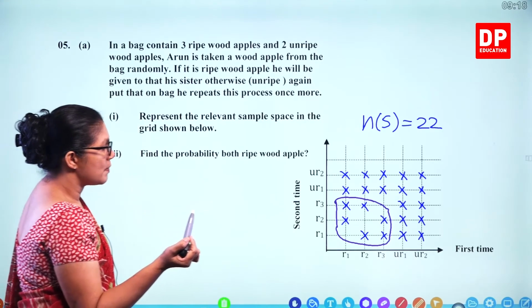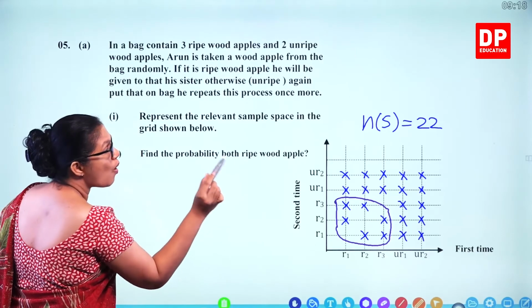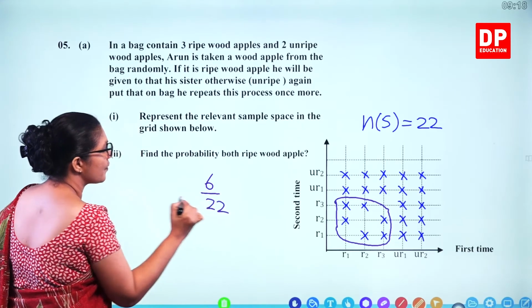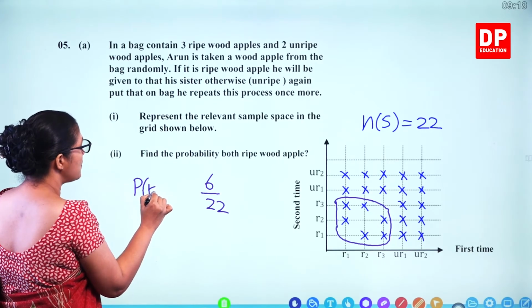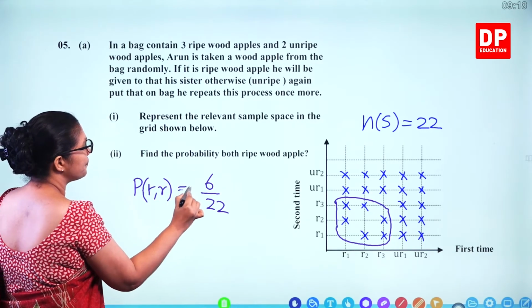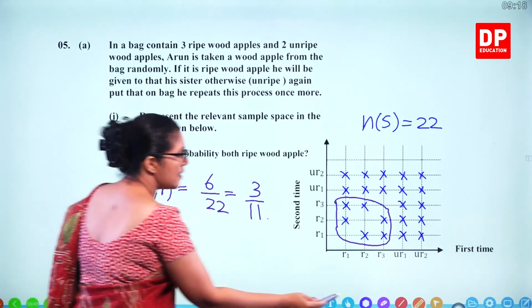So how many possibilities? 1, 2, 3, 4, 5, 6 possibilities out of 22. That's the probability of getting both ripe ones. So simplify, you get 3/11 is the answer.